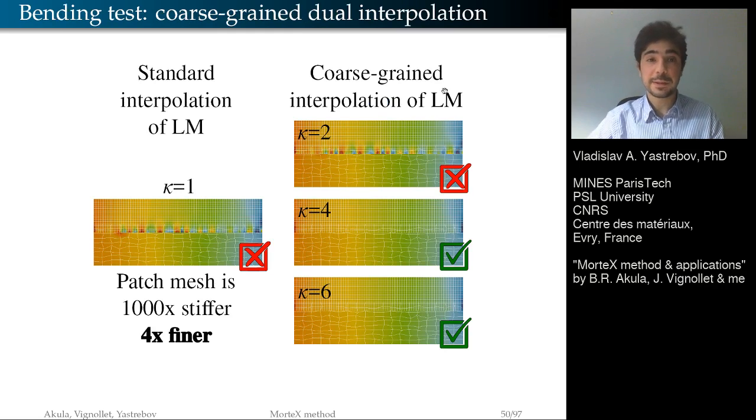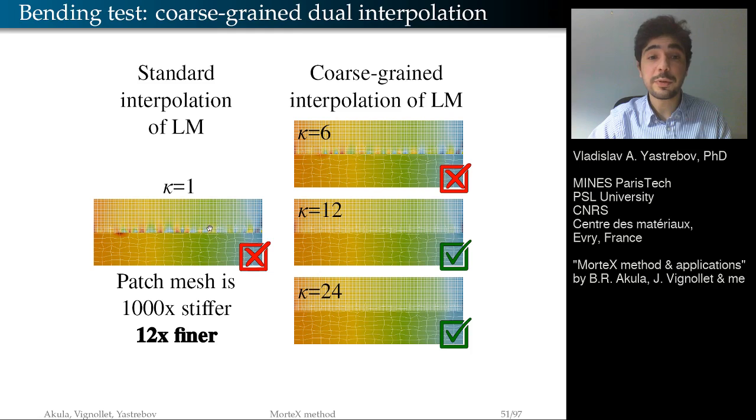And with this coarse graining interpolation, we can get rid of these spurious oscillations in the bending patch test. So when the patch is 4 times finer, starting from kappa equal to 4, and for higher kappa, we recover a nice oscillation-free stress distribution.